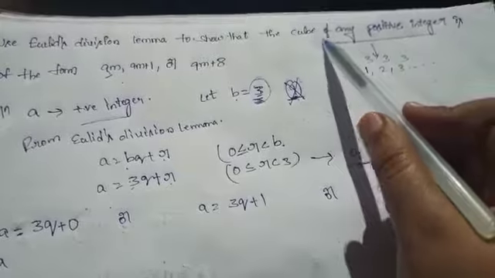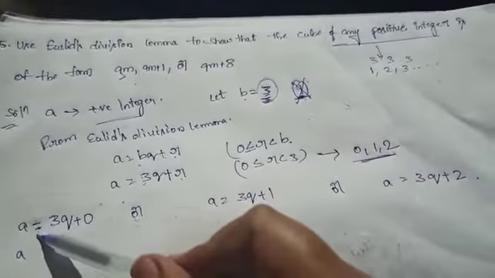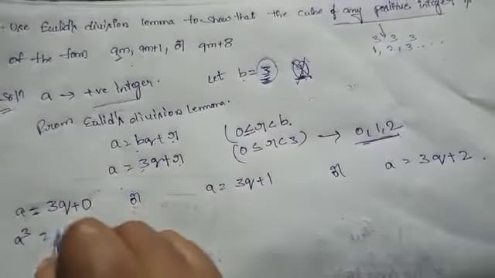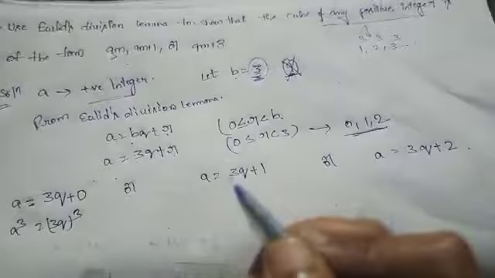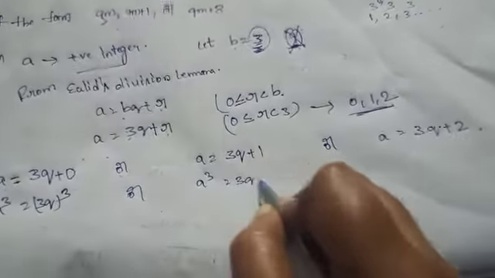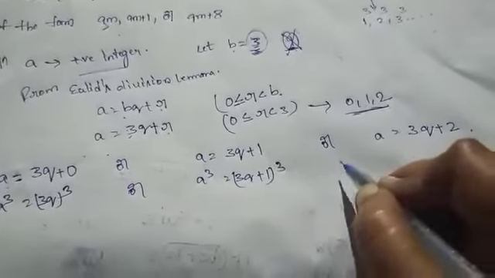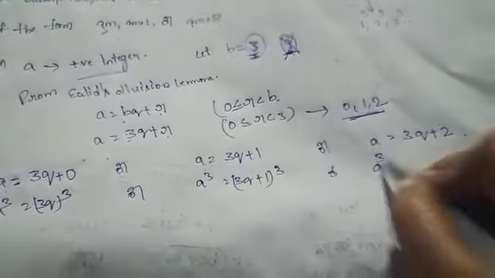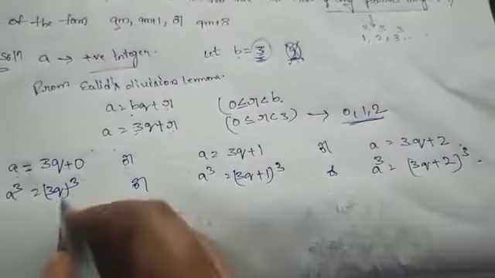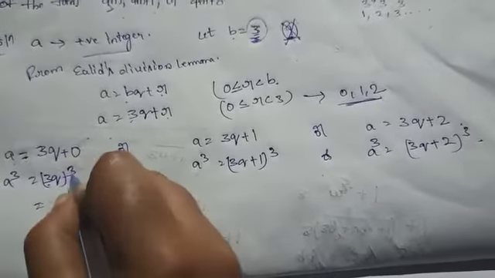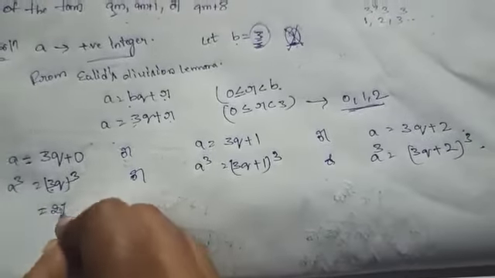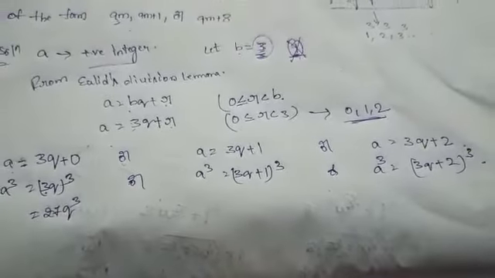Here we are talking about the cube of any positive integer. a is the positive integer, so a cube means 3q whole cube, or a cube equals 3q plus 1 whole cube, or a cube equals 3q plus 2 whole cube. 3q whole cube is 3 cube q cube, that is 27q cube.